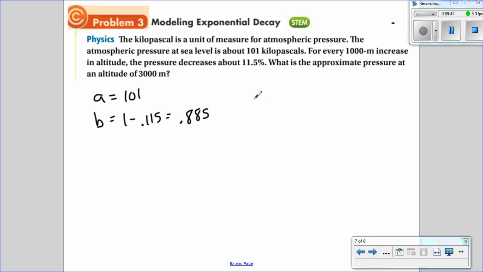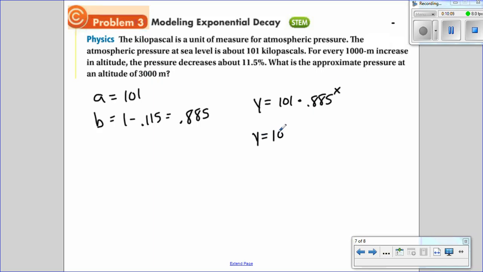All right, so our formula is y equals 101 times 0.885 to the x. Now we have to figure out what is x. So every 1,000 meters, and we're looking for 3,000. So basically, how many 1,000 meter jumps is 3,000? And that's 3.